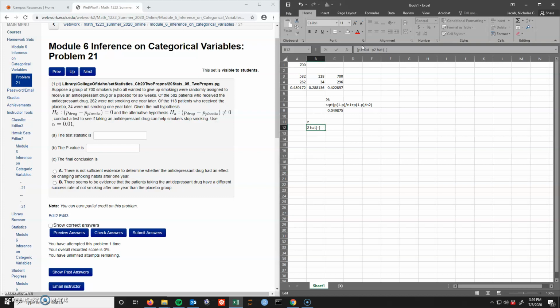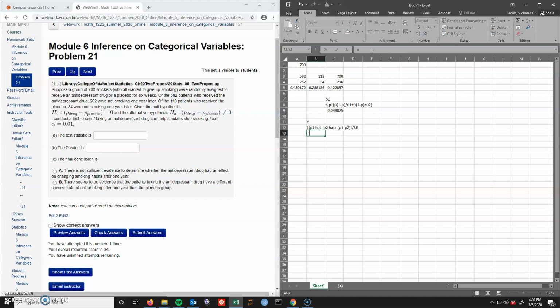Technically, we should subtract that from p1 minus p2, but the assumption here is that p1 minus p2, or p of the drug minus p of the placebo, was 0. Then we take all of that, so I need another set of parentheses. Let's use square brackets for those. We take all of that and divide by the SE.